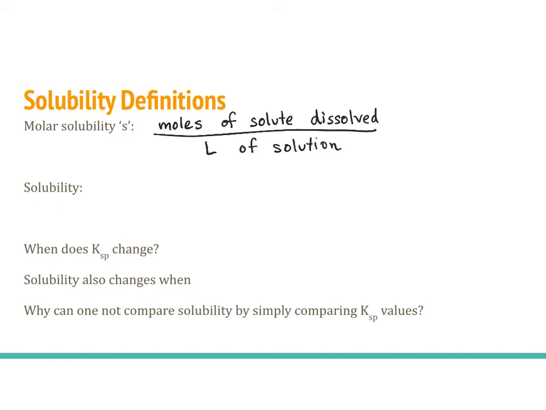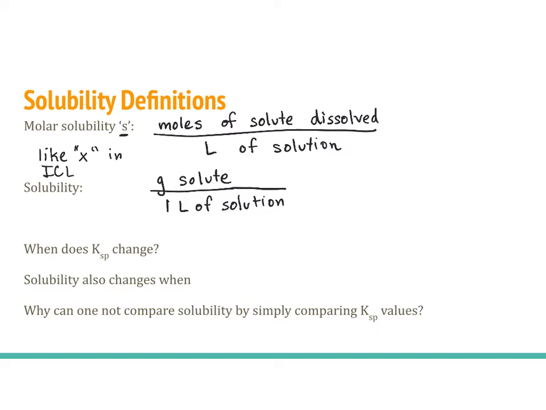You can also define solubility as the grams of solute in every 1 liter of solution. We're going to look more at the molar solubility, and it's given the symbol lowercase s, and we're going to think about it like any other X in an ice table. You'll see what I mean in a minute.